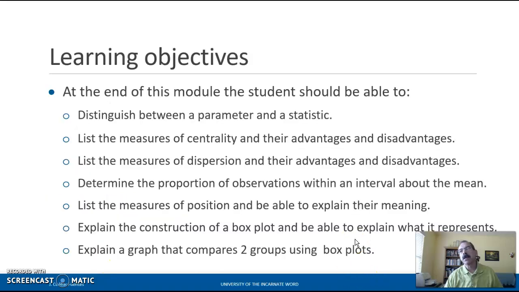Alright, the expectation is that by the end of this module you should be able to distinguish between a parameter and a statistic.